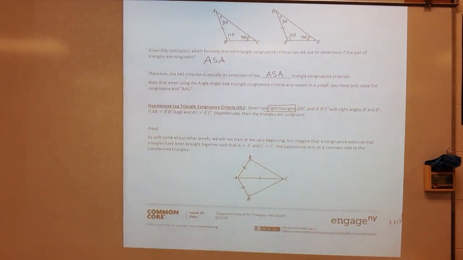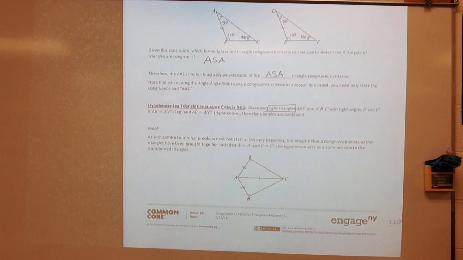Alright, so given two right triangles, ABC and A prime, B prime, C prime, with right angles B and B prime, if AB is equal to A prime, B prime, the leg, and AC is equal to A prime, C prime, the hypotenuse, then the triangles are congruent.